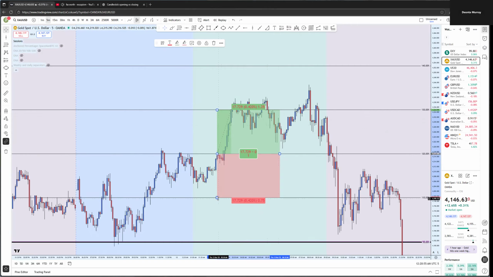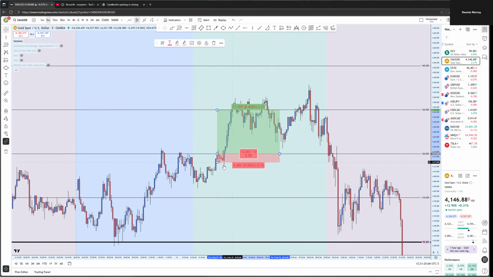The issue with a lot of new traders is that we try to make this trade here, which is a perfectly good trade, a risk one to gain 2, or we try to risk 1 to gain 3. Or some people like to risk 1 to gain 4, or risk 1 to gain 5.